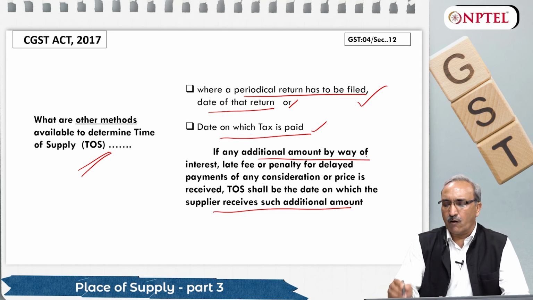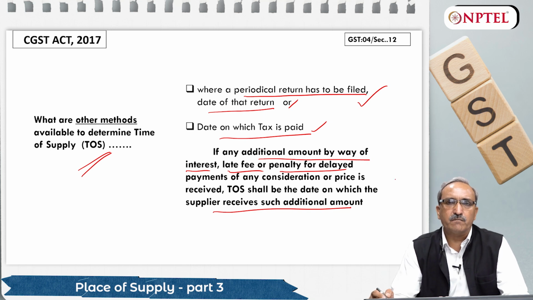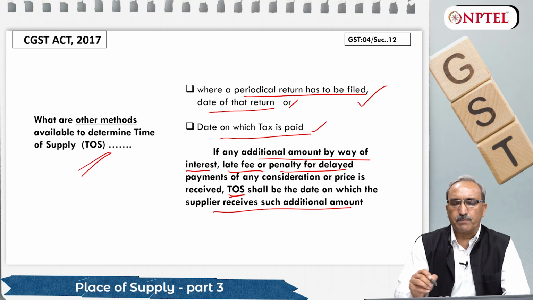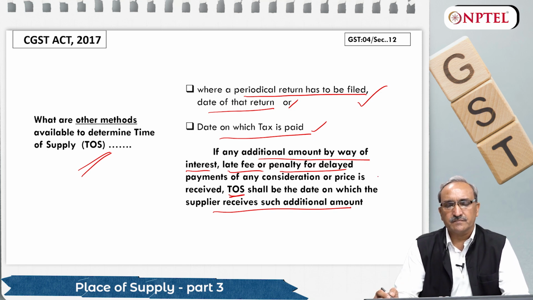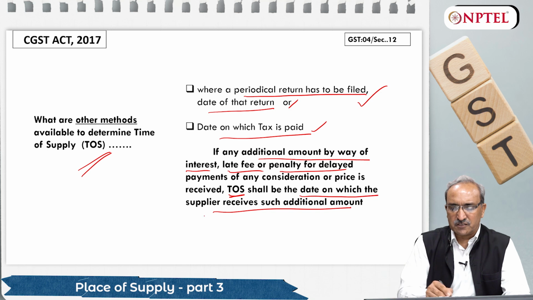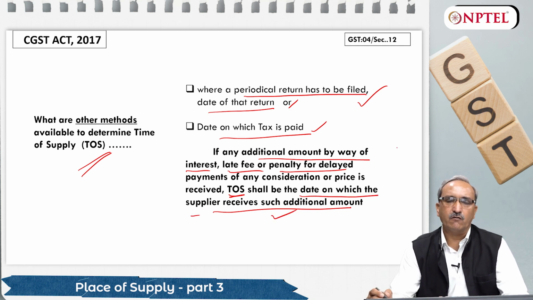If any additional amount by way of interest, late fee or penalty for delayed payment is received from the customer by a supplier, the time of supply for such cases shall be the date on which the supplier receives such additional amount.